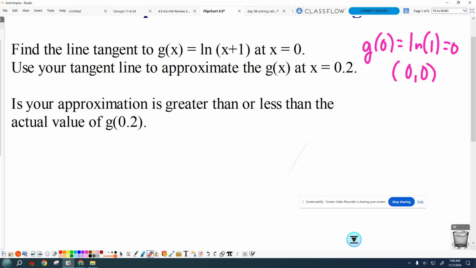Stella, we also said that we need a slope, so how do I get a slope? What is the derivative of natural log of x plus 1?